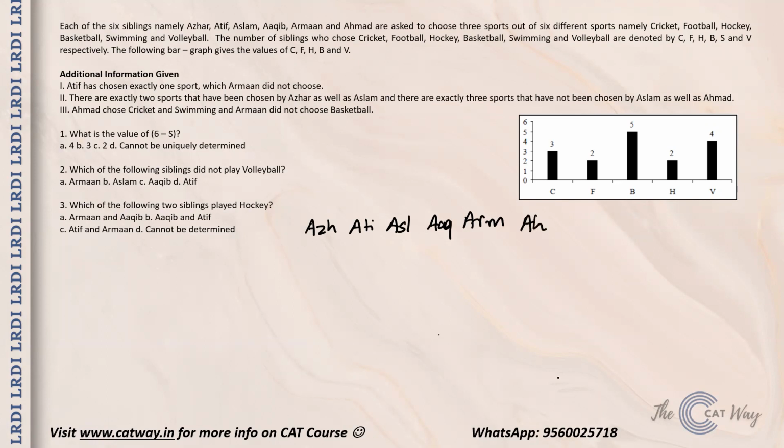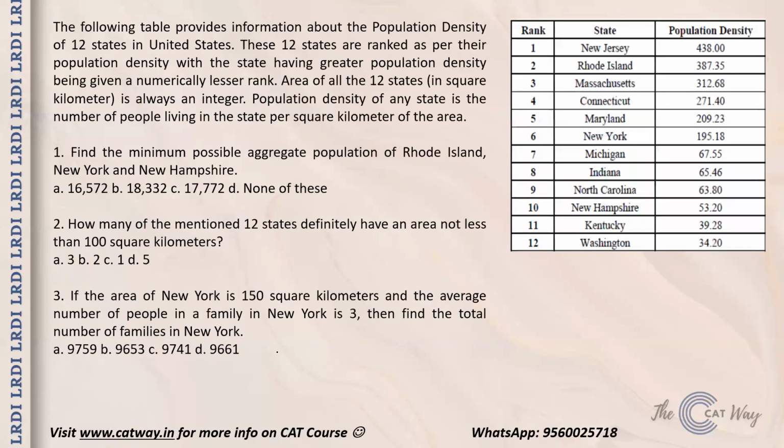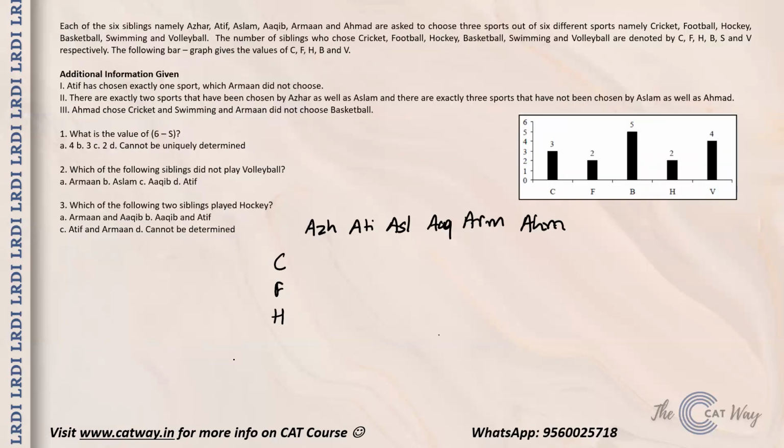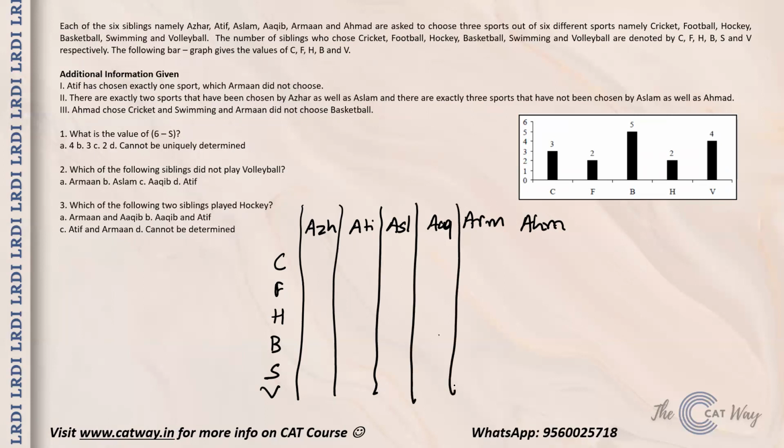Okay, so all these are the siblings, and the sports that they have to choose between are cricket, football, hockey, basketball, swimming, and volleyball. So these are the sports between which they need to choose.